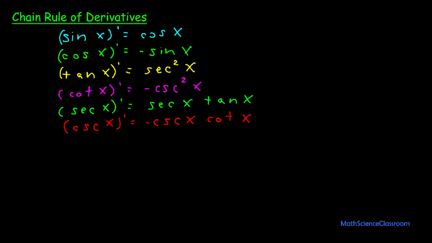Secant x derivative, secant x tangent x. And then finally, the cosecant x derivative is negative cosecant x cotangent x. So let's jump in and do some problems to practice.